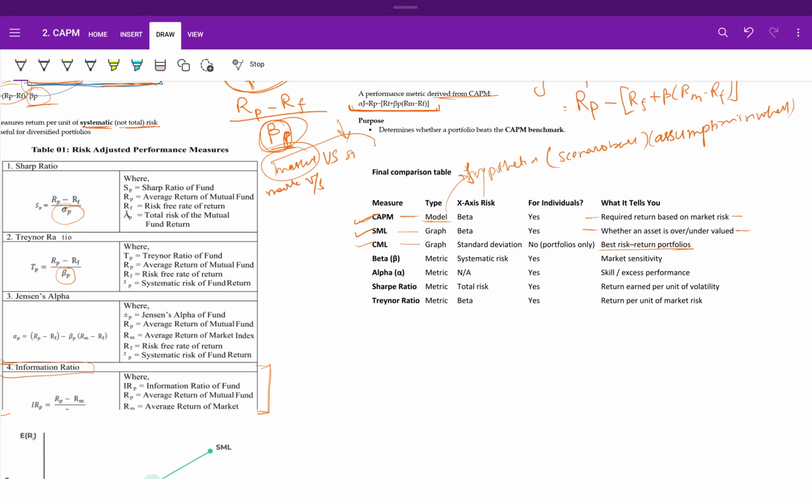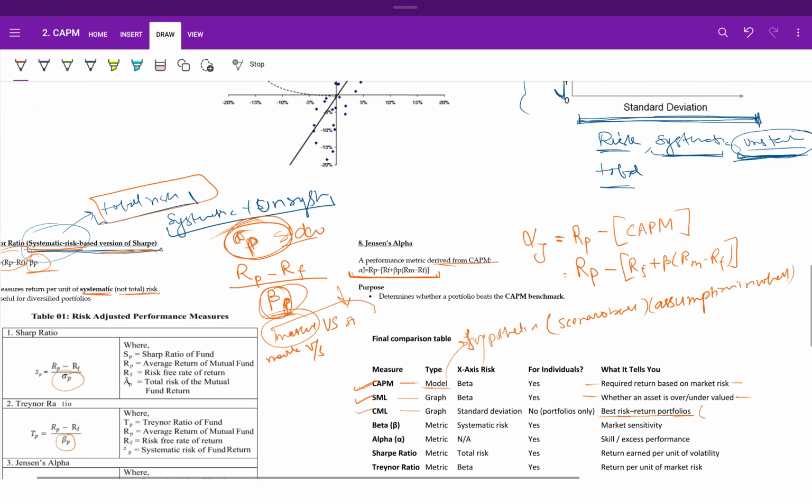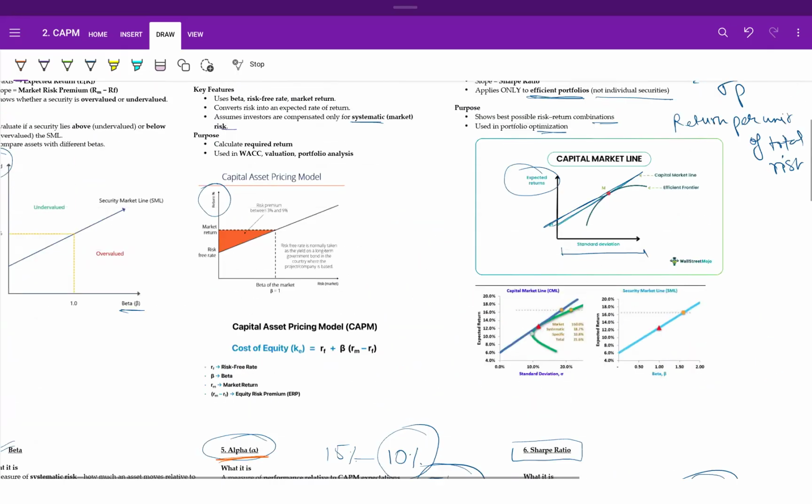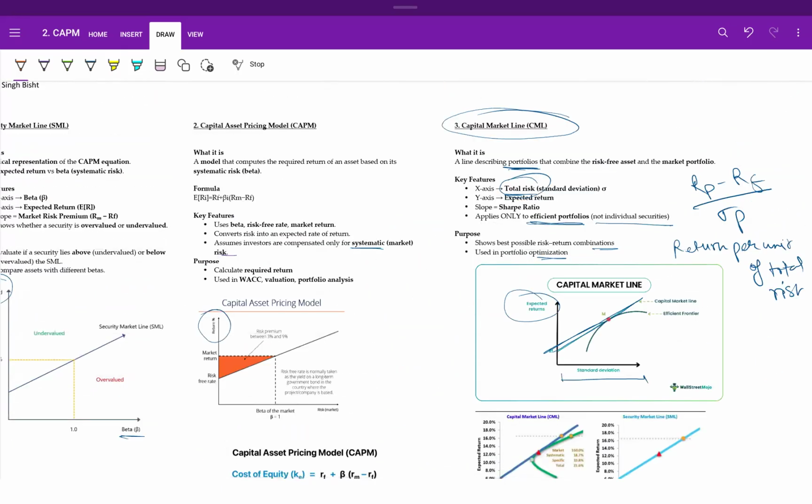You will be able to work on multiple securities based on their risk. So the optimal portfolio, CML, only applies to efficient portfolios, not individual securities.